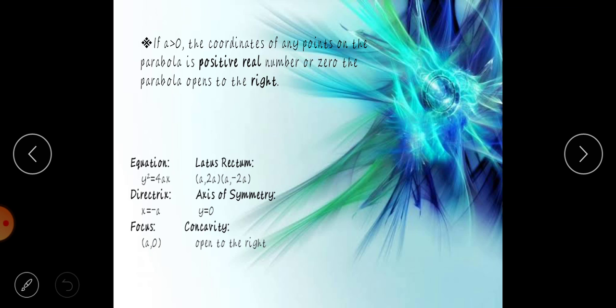So this parabola has an equation of y squared is equal to 4ax and has a directrix of x is equal to negative a. Focus is a, 0. Latus rectum is (a, 2a) and (a, negative 2a). Axis of symmetry is y is equal to 0, and its concavity opens to the right.